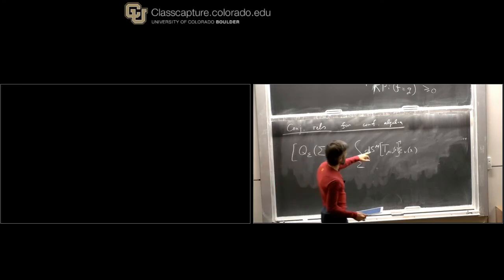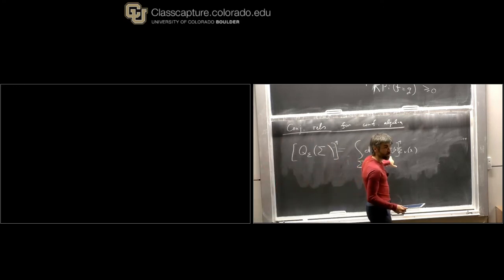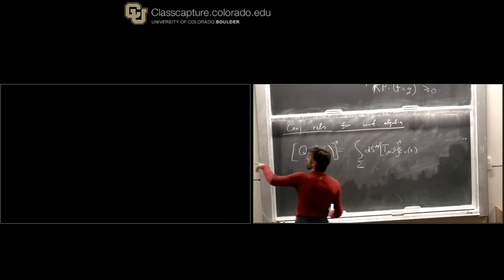So now it becomes important, because if I know that the stress tensor transforms as a primary, I can use for the stress tensor this formula for the Hermitian conjugation that I wrote here.